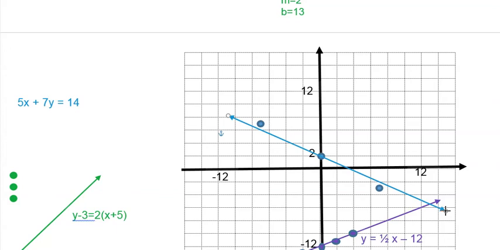Feel like I made a mistake. Just because my whole thing won't move at once. So that looks about right.